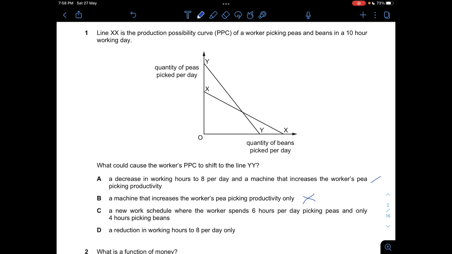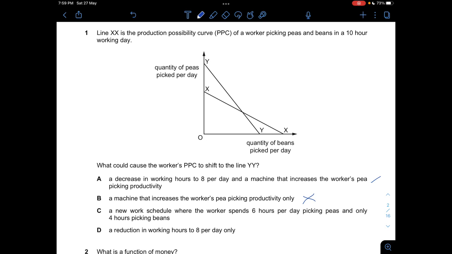It's possible, but it's not really a suitable reason, because giving 6 hours per day doesn't exactly mean that the quantity will increase. It also depends on how many peas are available for that day, for example. And even though you decrease the beans picking hours to only 4 hours, it doesn't exactly mean that the quantity of beans picked per day would be exactly from X amount to Y amount. So this could be a possible answer, but it's not really the best answer here, if you compare it to selection A.